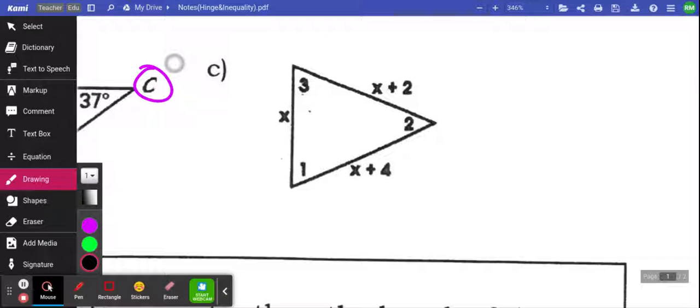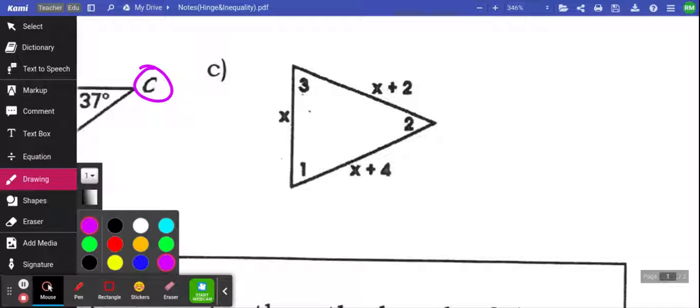So for letter C, we need to figure out the angles in order from smallest to largest. And green. Okay. So, what is the smallest angle, Adrian?